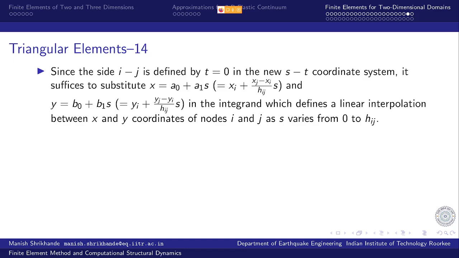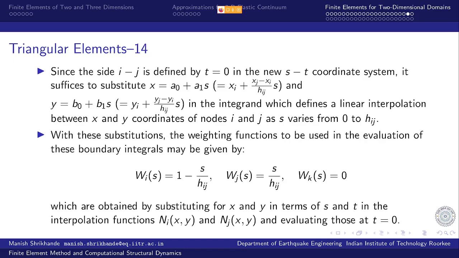That is a single variable variation, and that can be evaluated in terms of s, as s varies from 0 to hij, and this process we repeat for all the edges of the element wherever the integral has to be evaluated.